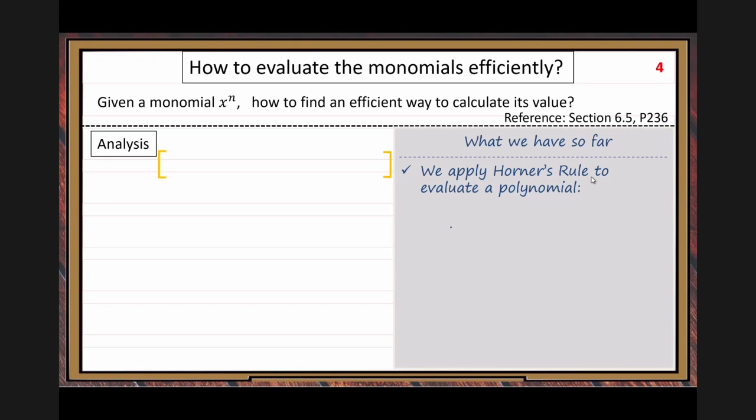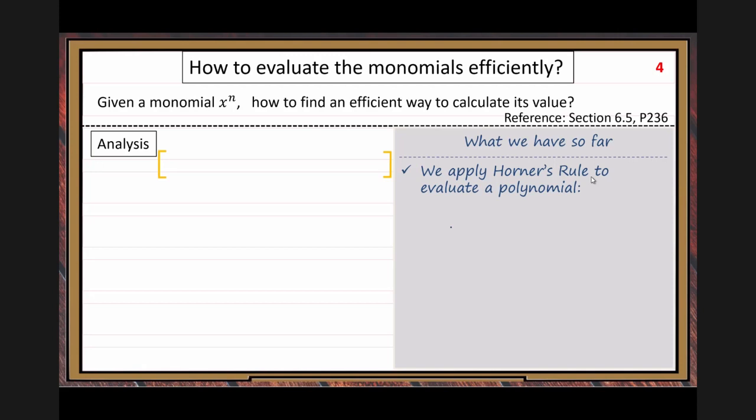But Horner's rule, if you look at the details, is the general way for a given polynomial, not a special way. For any given polynomial, we can apply Horner's rule. It's a general method. But it does not mean that for a special polynomial, Horner's rule is the fastest.